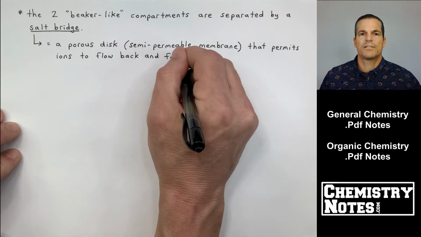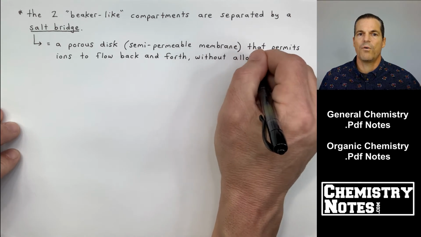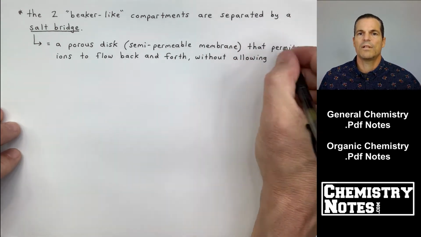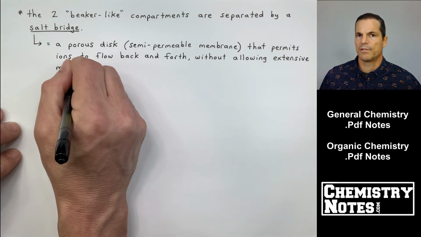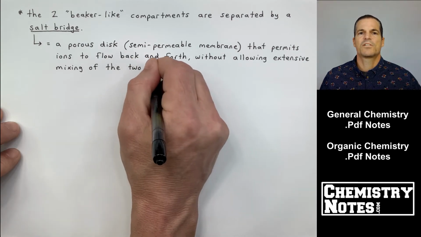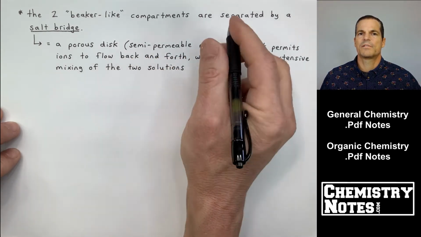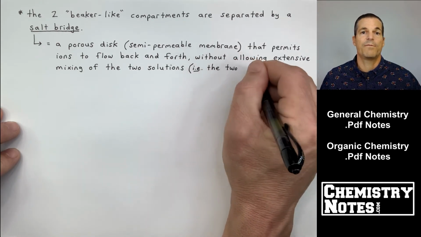It permits ions to flow back and forth without allowing extensive mixing of the two solutions in each compartment. All right, so that's good. It's almost like we've got these two compartments separate, but at the same time we can selectively allow ions to flow back and forth as needed.